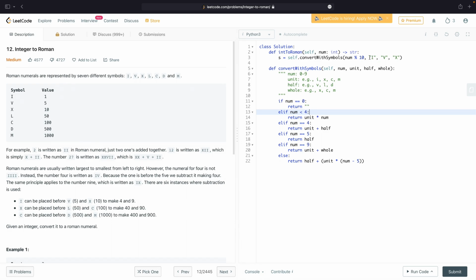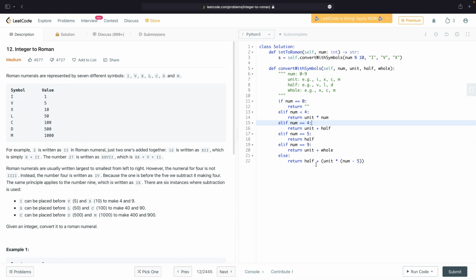So, for the basic numbers, this is straightforward. 0 is going to be empty. 1, 2, or 3 are going to be I, II, and III. 4 is going to be IV. 5 is going to be V. 9 is going to be IX.